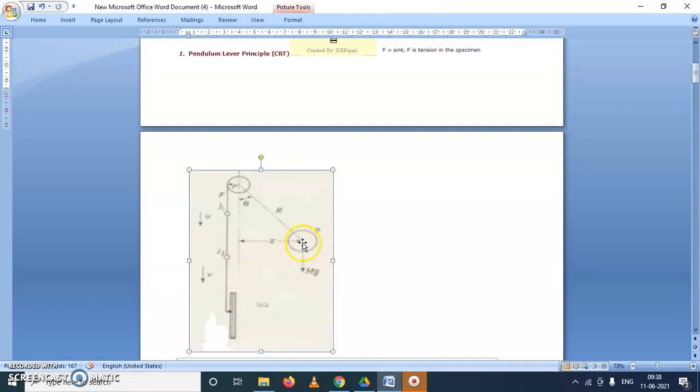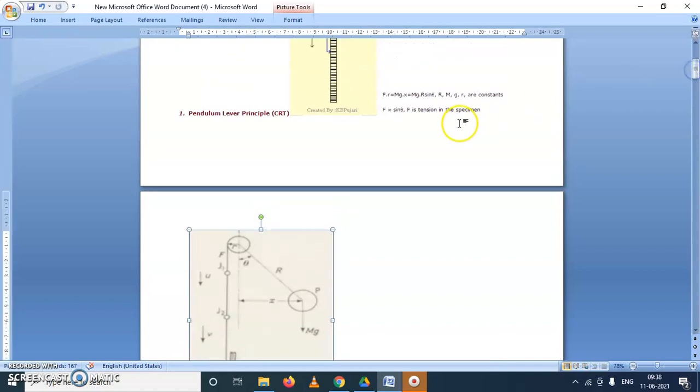Now, mg is the weight of the pendulum, x is the distance of this pendulum from the pivot point, small r is the radius of this small pulley, and F is the force developed inside the specimen. Then according to the law of moments, F into r is equal to mg into x. Now this x can also be written in terms of capital R and theta, which is R sine theta. So F r is equal to m g R sine theta.